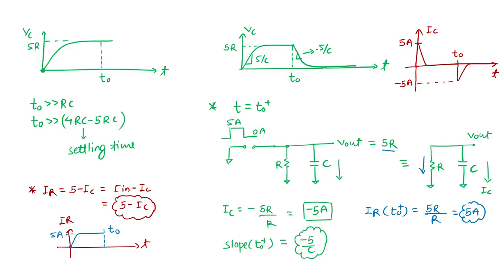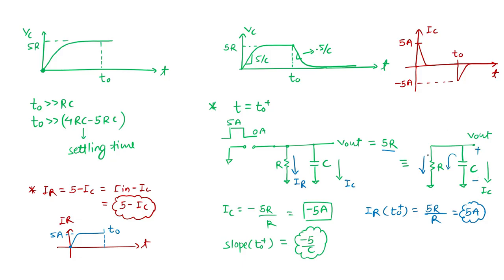What will happen? Slowly it will reach 0, and it is not changing direction. The resistor current is always in this direction. We have to be careful, because we have considered the resistor current in this direction and the capacitor current in this direction. But after T0, when my excitation is removed or the current source is open, the capacitor current will change its direction, because the capacitor voltage is built with this polarity.